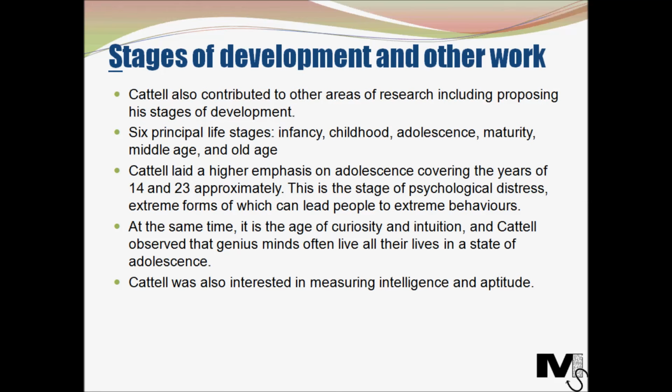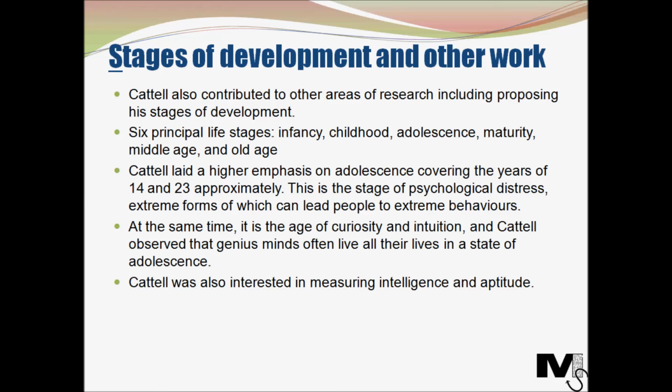He proposed that this is the stage of psychological distress, and extreme forms of these distresses can lead people to extreme behaviors. At the same time, it is also the age of curiosity and intuition, and Cattell observed that genius minds often live all their lives in a state of adolescence.